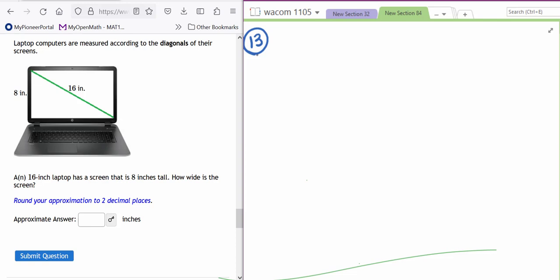How wide is the screen? So what you have, if you just use half of it, is a right triangle. And that's what you want to see, right? You know that this hypotenuse is 16, and this side is 8, and this one we can just call A.